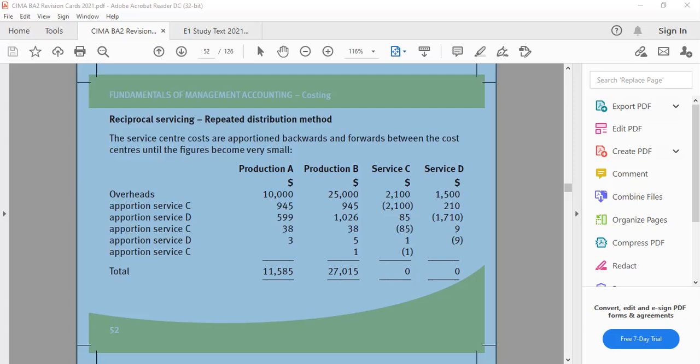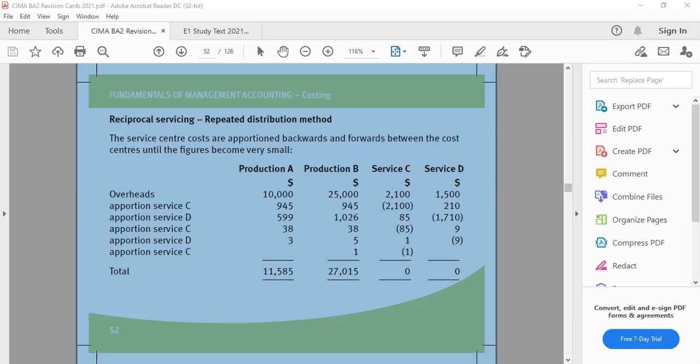Now C is rendering services to D also. So 2,100 into 10%. 10% of the service is provided to D. So charge it to D. Now, when we total it up, C has absolutely nothing because C's amount is taken and charged to A, B, and D. So ultimately now C has nothing left.